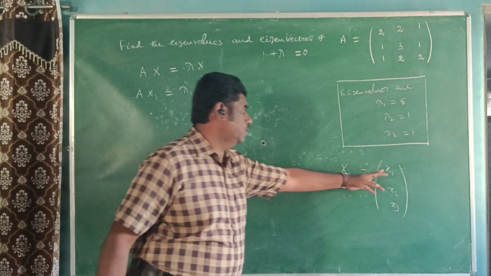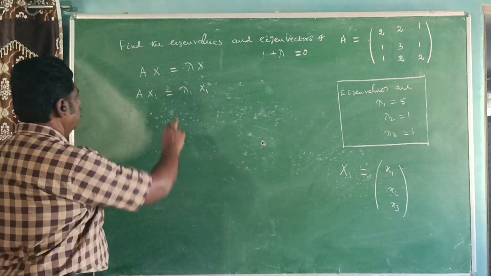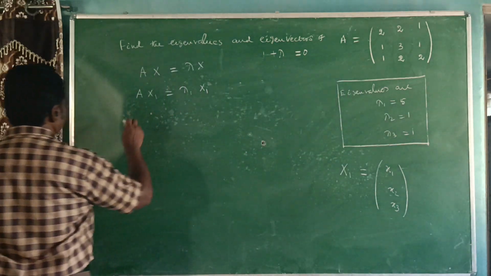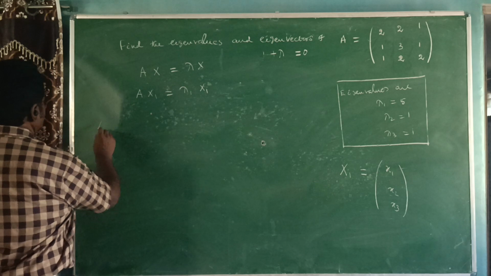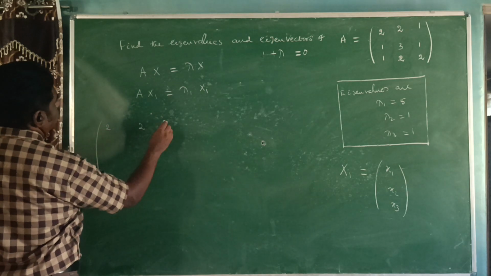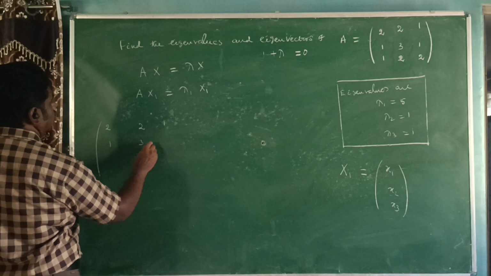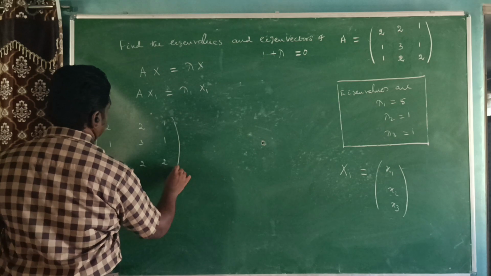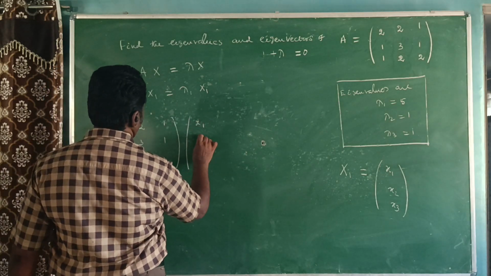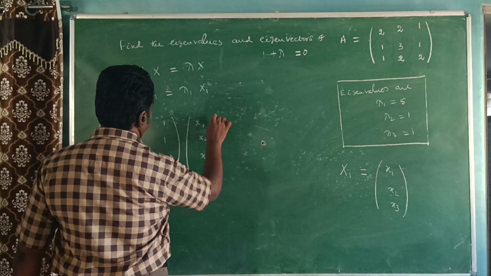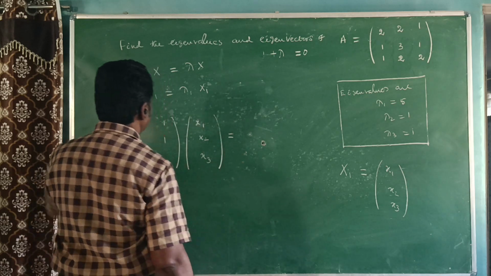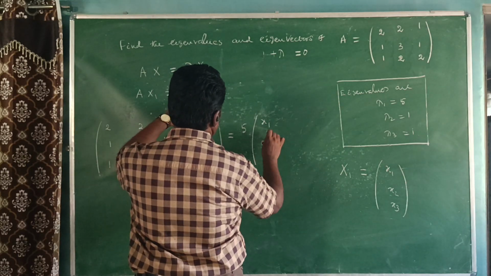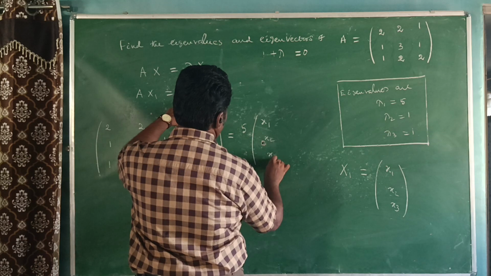We have to find out the values of x1, x2 and x3. Here lambda 1 is 5. Now take the matrix A: [2, 2, 1; 1, 3, 1; 1, 2, 2] times the column [x1; x2; x3], which is equal to 5 into [x1; x2; x3].